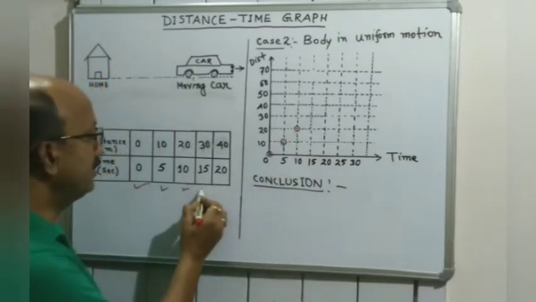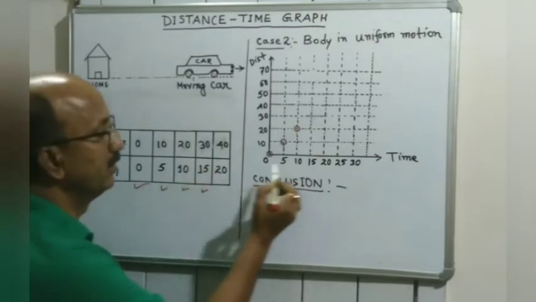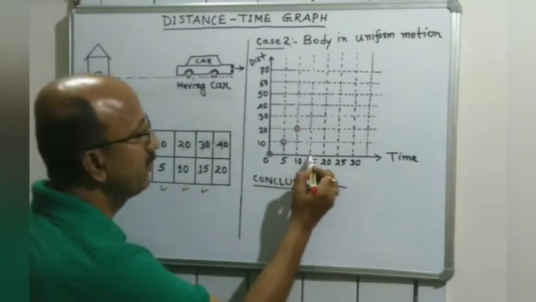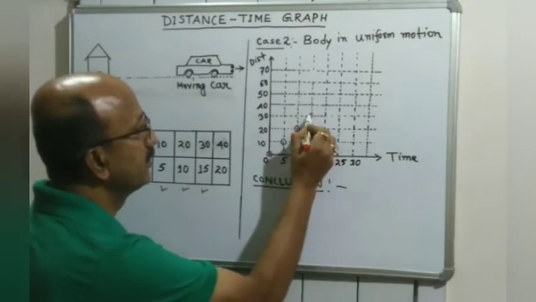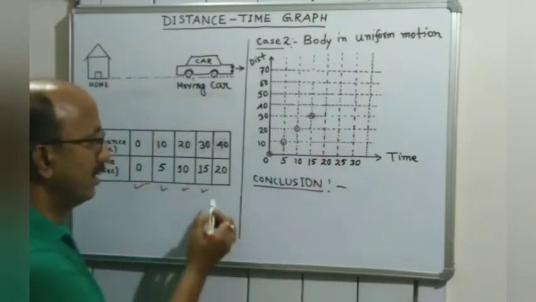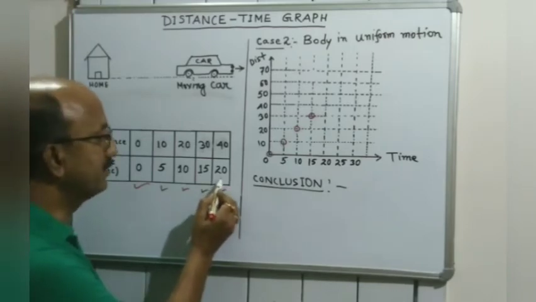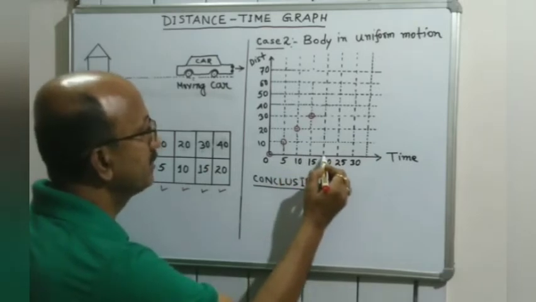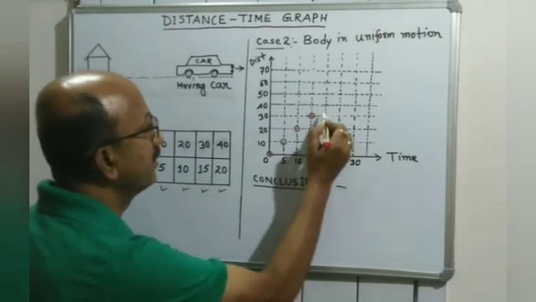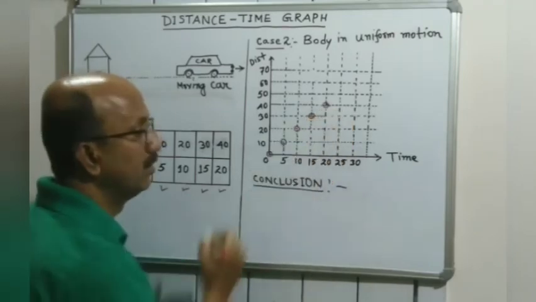Next, when the time is 15 seconds, distance of the car is 30 meters. And when time is 20 seconds, distance of the car is 40 meters.